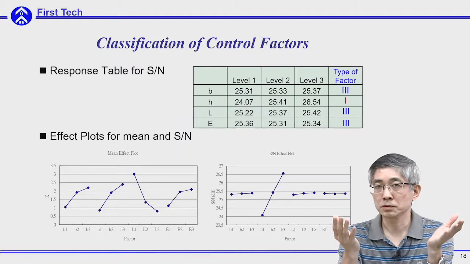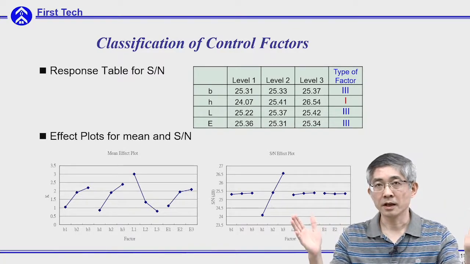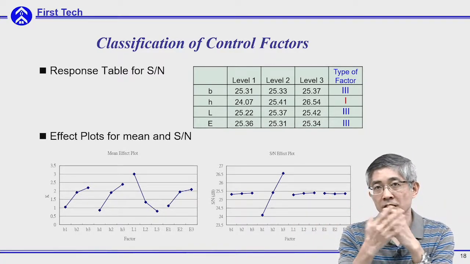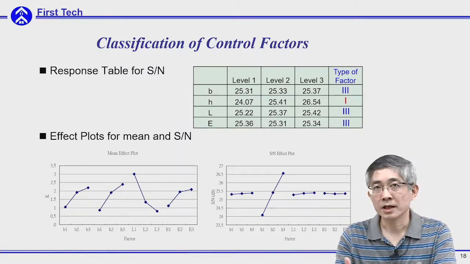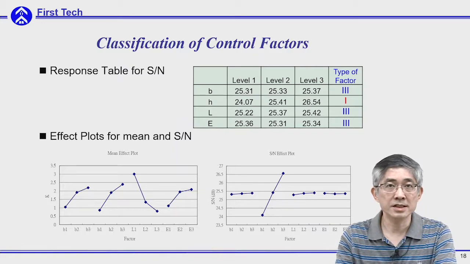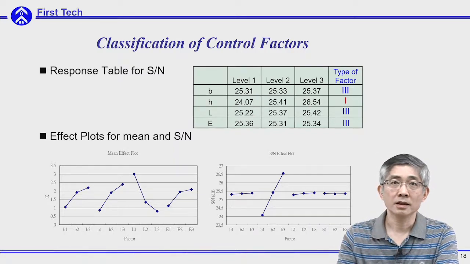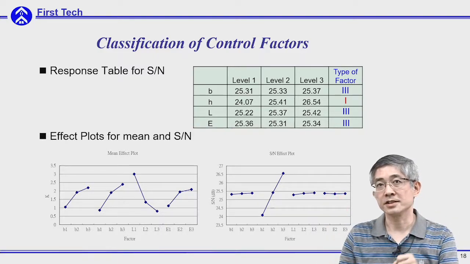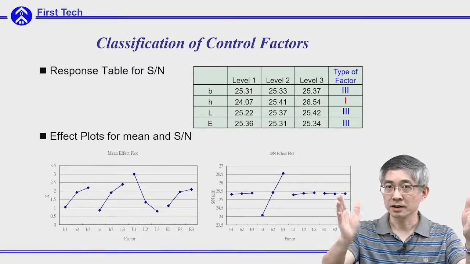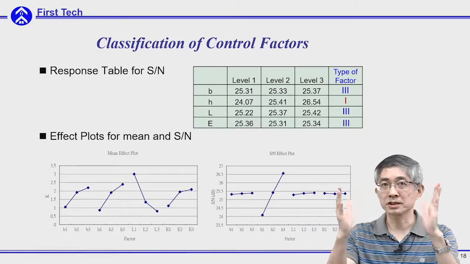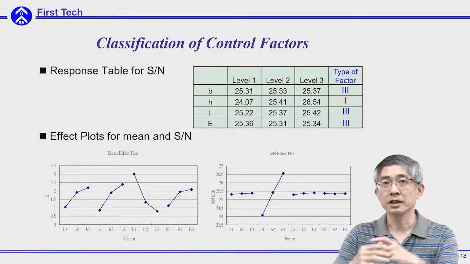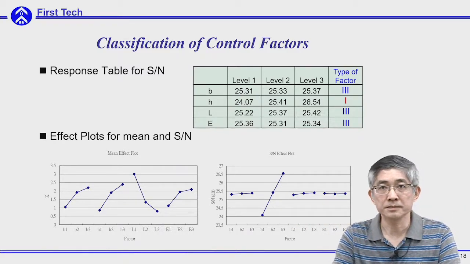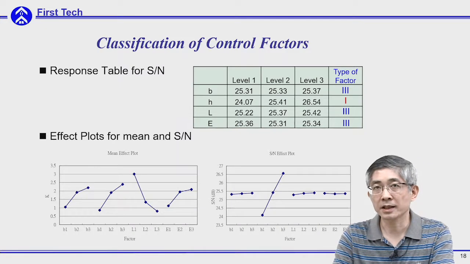Now we have 2 factors to select from, length L and width B. You can select by yourself, but if you have some cost concern, you can consider which factor is easier to adjust. Maybe the adjustment of the length is easier, since you can just cut the length, and it's better than adjusting the width of a beam, because you probably need to grind the whole side to reduce the width. So in this case, we are selecting L to be the scaling factor.